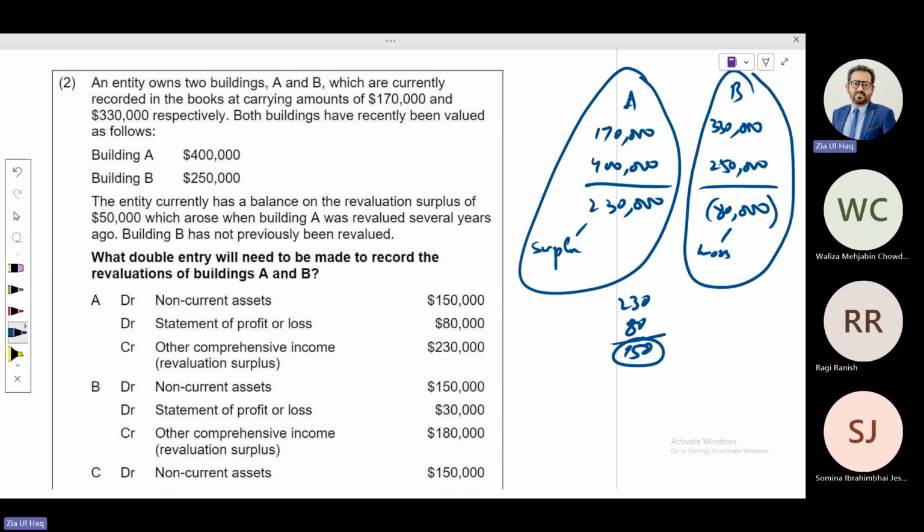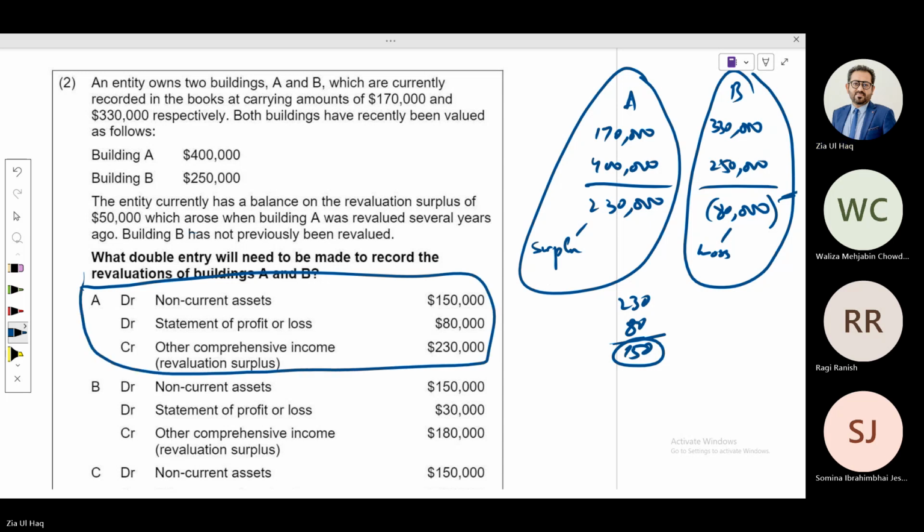What is option A? Non-current assets should be debited by 150. Is that right? 230 minus 80. Statement of profit and loss should have 80,000 as expense and other comprehensive income should have the revaluation surplus of 230. To me, this option A is correct. What is option B?